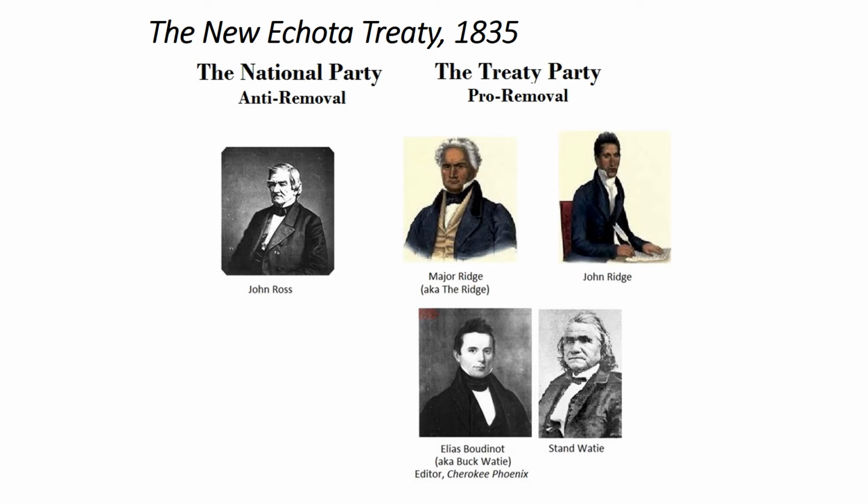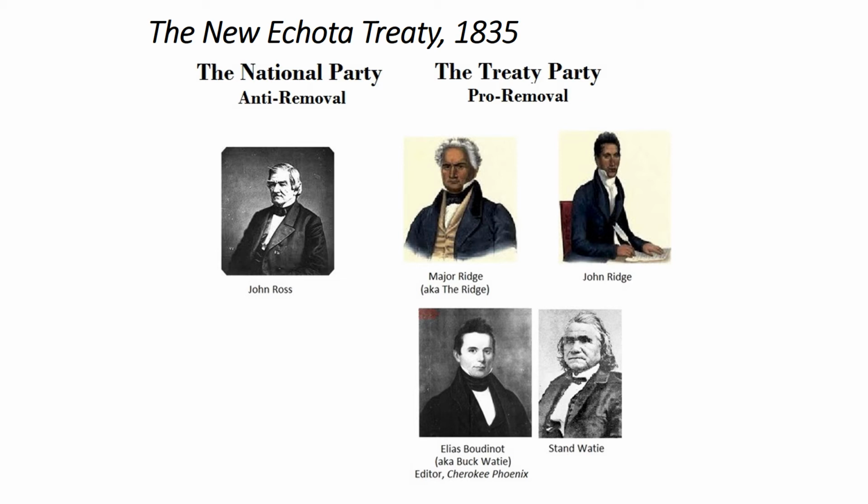Now, the Ridge family went ahead right at this point, 1836, took the land, and there was some money involved too, I think, and they moved on out to Oklahoma, where they joined with some of the Cherokees who had moved out there earlier, like in the 18-teens and earlier in the 1820s.